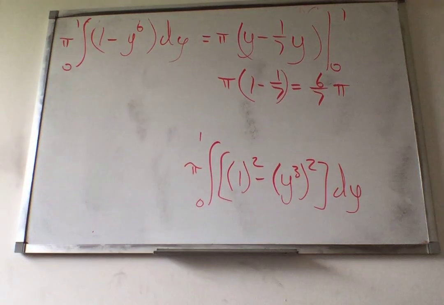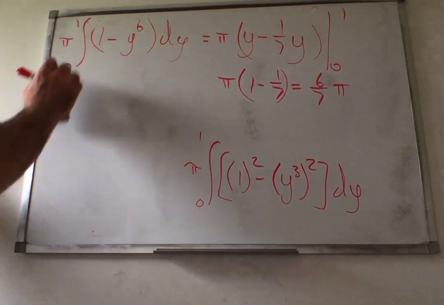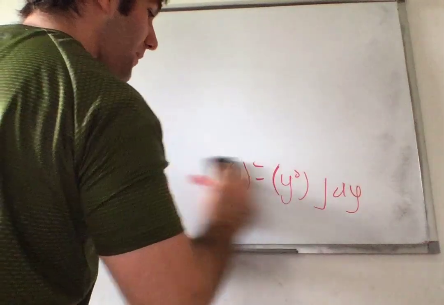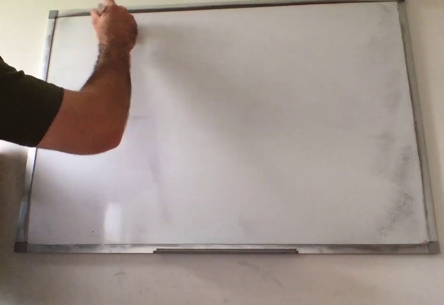So when to use the disk method as opposed to the shell method? If they're telling you to revolve it around the x-axis and you have a function of x, use the disk method. If you have a function of x and they're telling you to revolve it around the, sorry, I said that backwards here. Let me write it up.